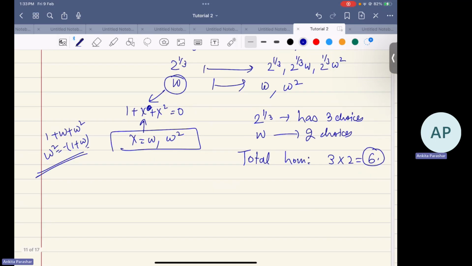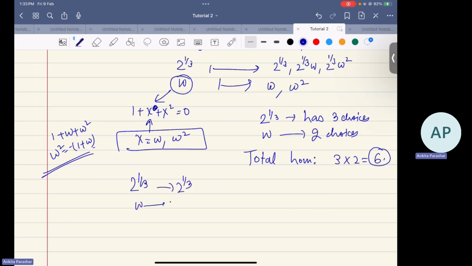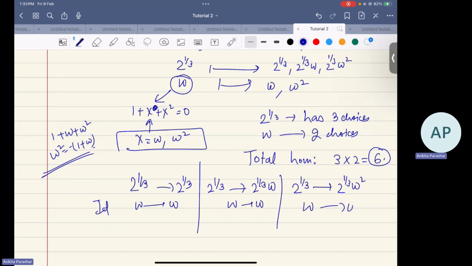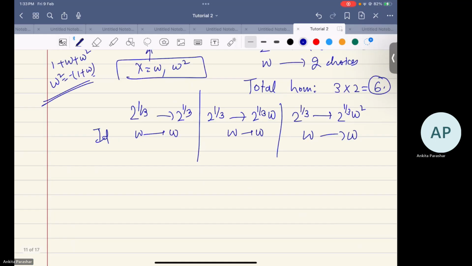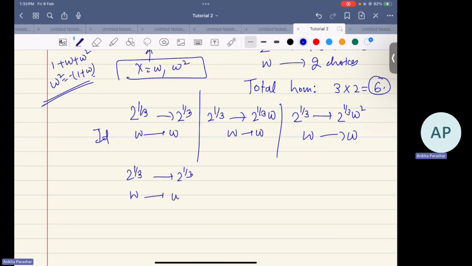I'll write explicitly. This goes to this, the identity. 2 power 1 by 3 goes to 2 power 1 by 3 omega with omega being fixed. 2 power 1 by 3 goes to 2 power 1 by 3 omega square with omega fixed. 2 power 1 by 3 goes to 2 power 1 by 3 omega, but omega going to omega square.